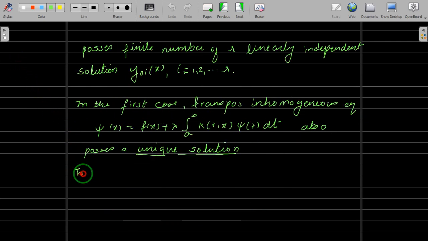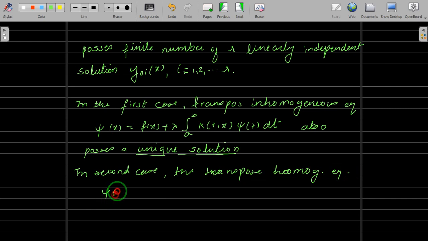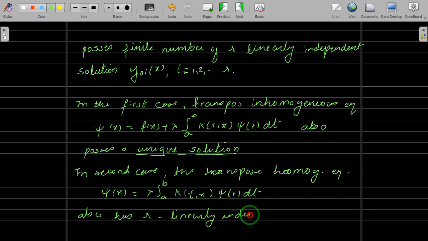In the second case, the transpose homogeneous equation, homogeneous means that f of x is not there, so psi of x is equal to lambda integral a to b, k of x, t transposed, so k of t, x, psi of t dt, also has R linearly independent solutions.